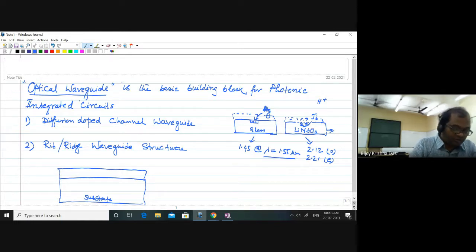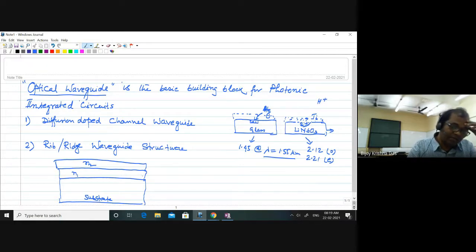So if this is a material with some lower refractive index, N1, and then you can have another material on top of it having refractive index N2.